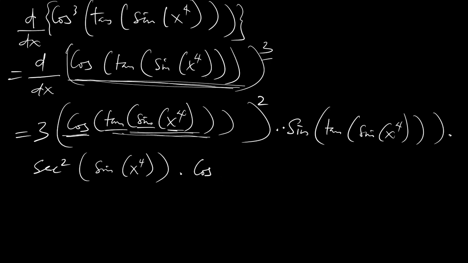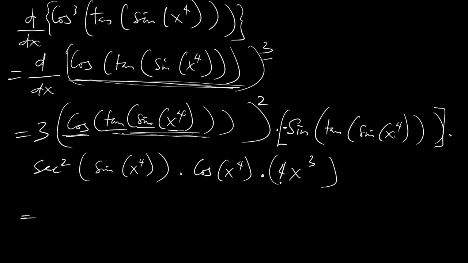Okay, this is supposed to be minus, sorry, the cos should be minus. You have cos x to the power 4. This will remain the same because we're differentiating with respect to this function x to the power 4. So now we are differentiating this x to the power 4 with respect to x. You have 4x cubed.